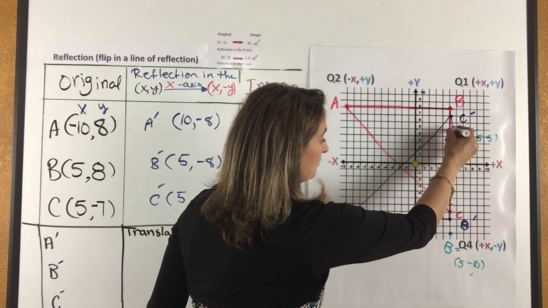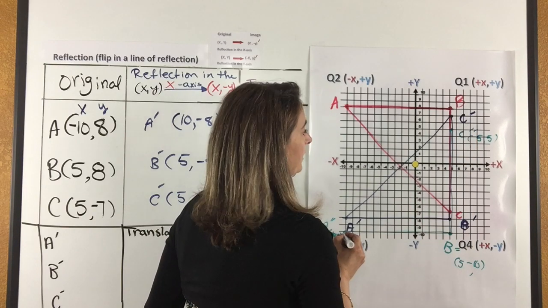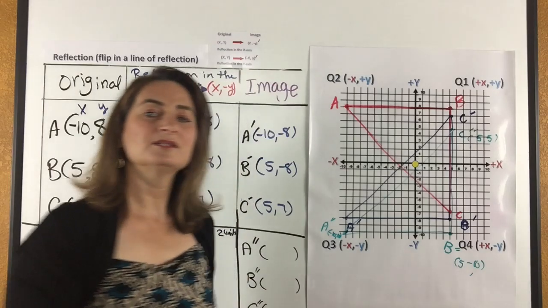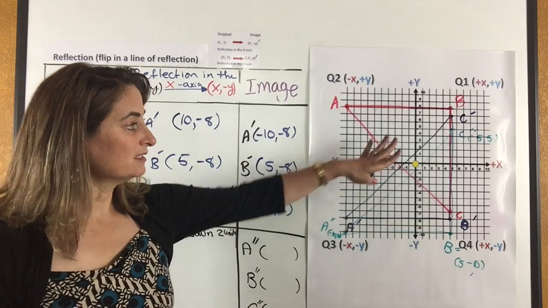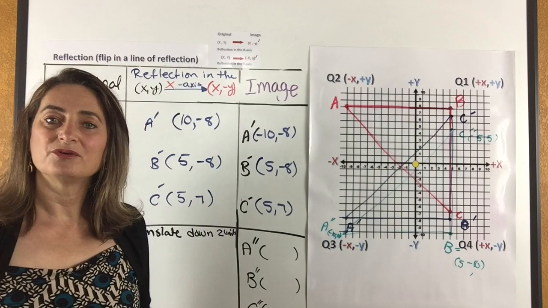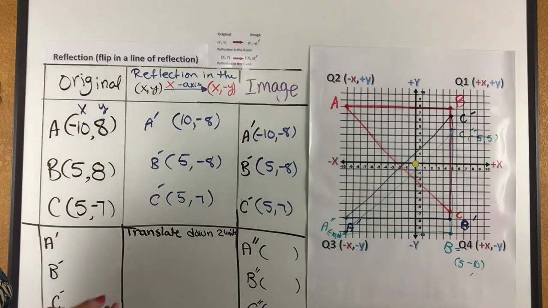So the double prime is this light blue triangle, and that's 2 transformations, reflection over the X, and then translation down 2 units.